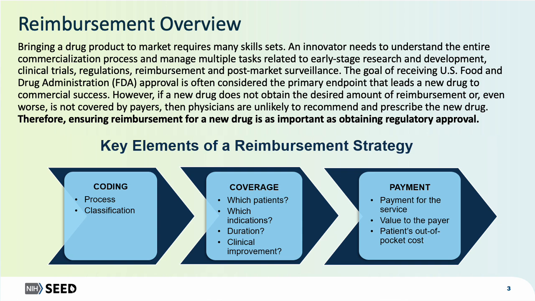First, it is important to remember that having a drug approved by the FDA is first and foremost to move forward to commercial success. However, it's equally important to ensure reimbursement by payers and provide access to prescribers for widespread adoption and uptake in the marketplace.